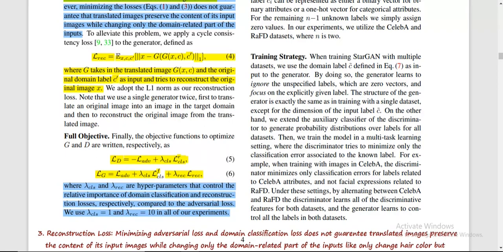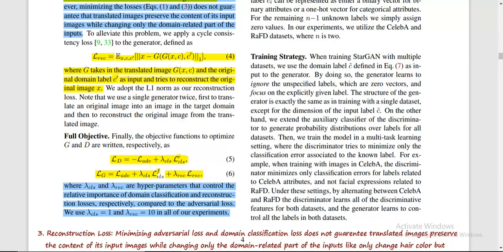So the full objective is, for the discriminator, there is only the adversarial loss and the real classification loss, and lambda CLS is the hyperparameter that controls how much this classification loss affects the total loss. And the loss of the generator is simply the sum of the adversarial loss, the fake classification loss, and also the reconstruction loss, right?